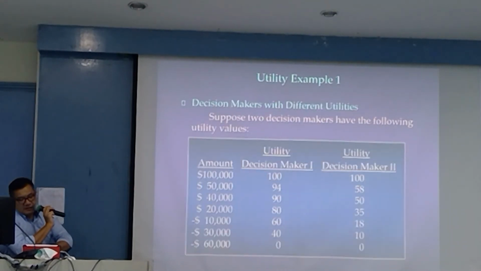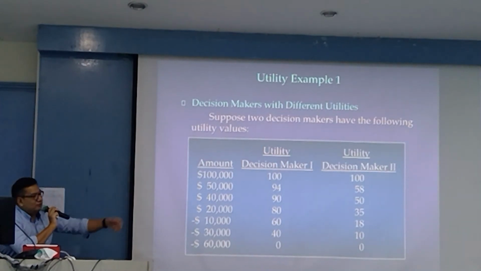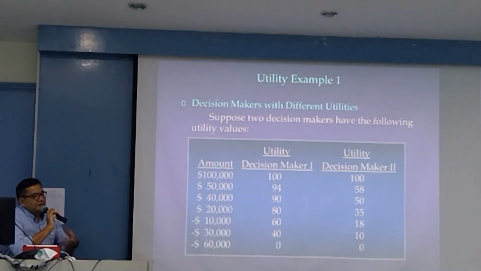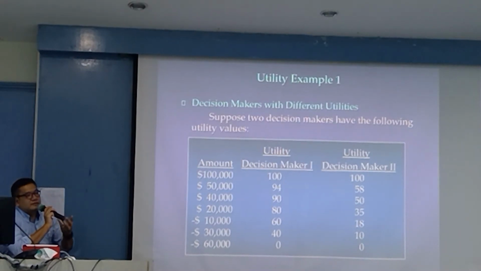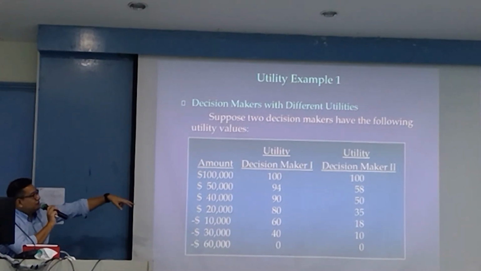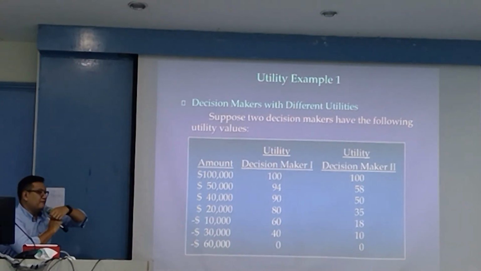But for the rest of the decision makers, we have decision maker number one and number two. I'm not showing you right now who they are. These two persons are not risk neutral, so their attitude toward the risk is not linear. Let's say this is a list of utility functions of them.